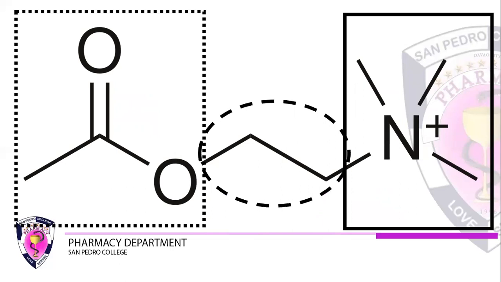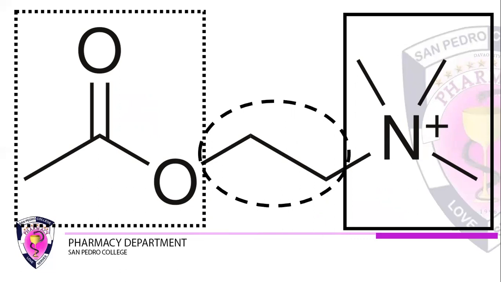So they modified part of the structure of these three domains. From there, we have new agents. Later on, I'll be explaining what those agents resulting from the modification of the acetylcholine molecule are.